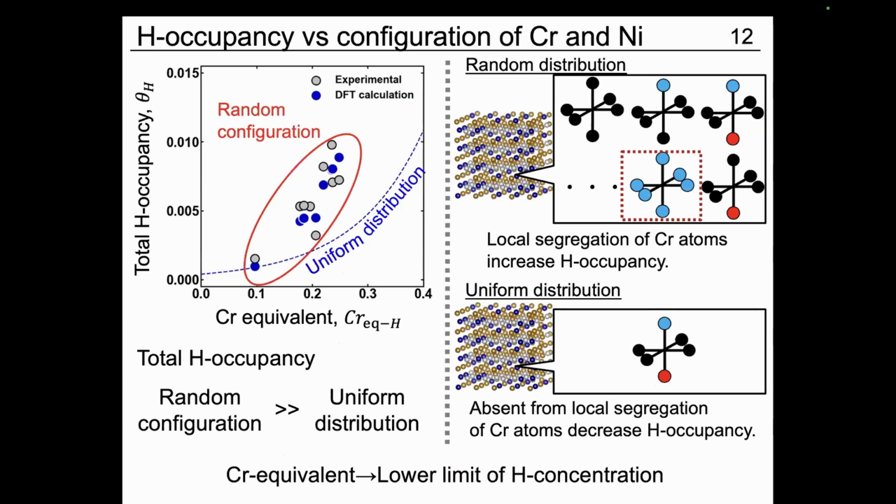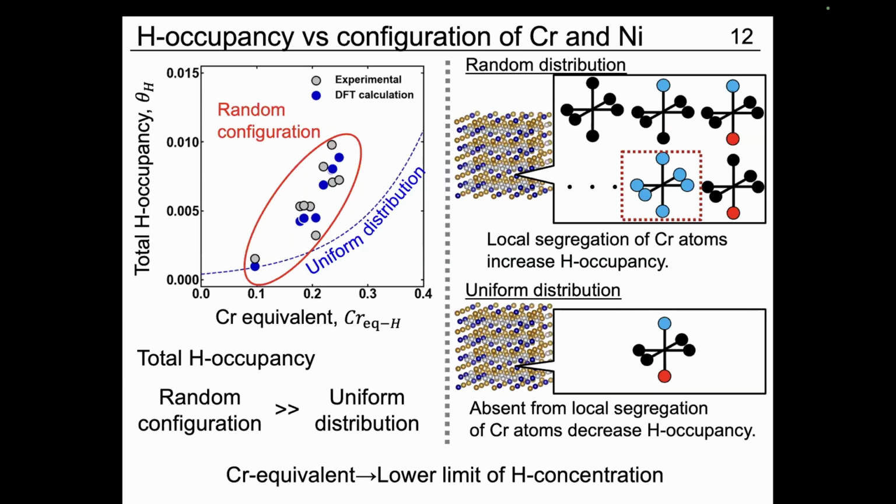And this is the calculation result. The red circles show the hydrogen occupancy in the random configuration, and the blue curve represents that in the uniform distribution. As you can see, the hydrogen occupancy in the uniform distribution is lower than in the random distribution, because in the random distribution there is local segregation of chromium atoms.